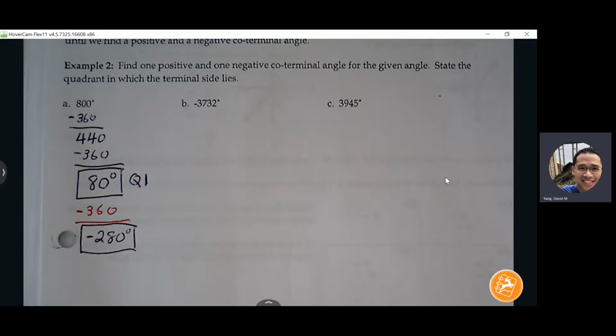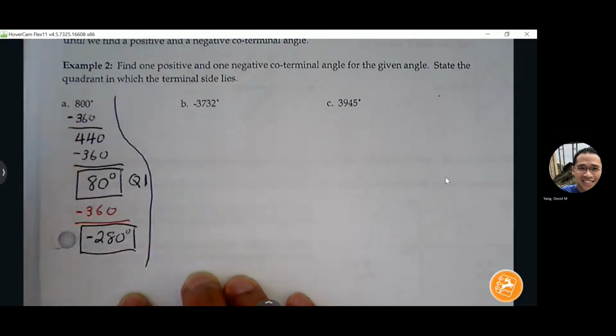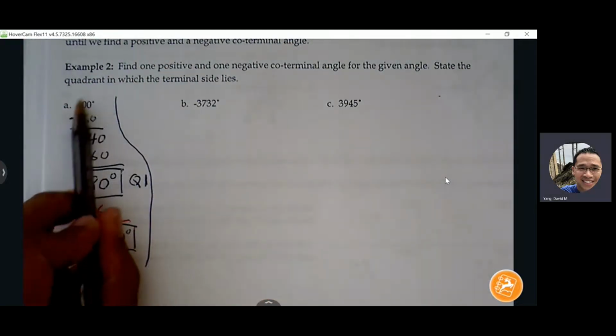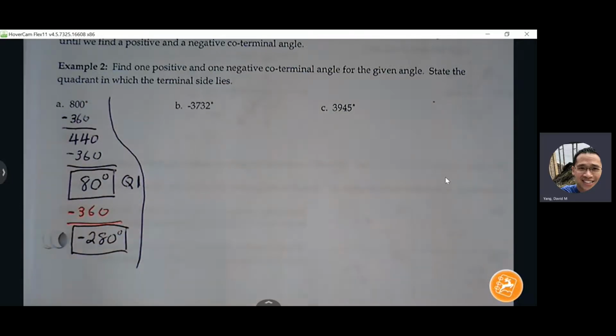Now imagine the number was much larger, right? I mean, I could keep adding or subtracting 360, but sometimes that can take a little bit longer. So what I want us to do is, let's just play with that 800. I just want to show you the strategy that we can do. Now for 800, it's not a big deal because we subtract 360 twice and we're already at our answer.